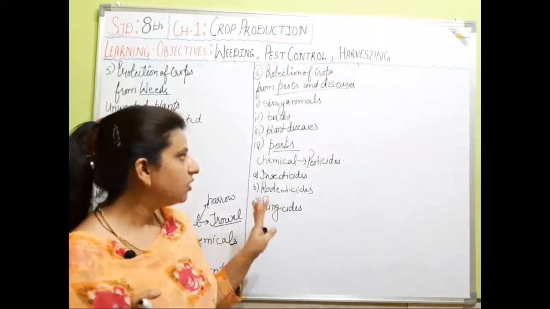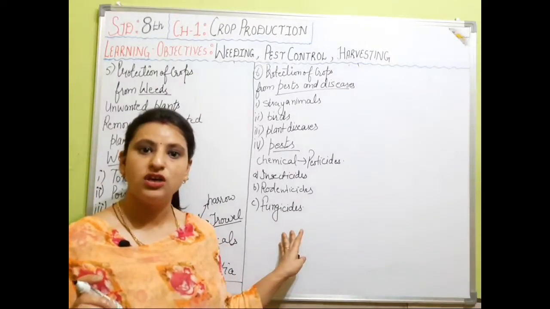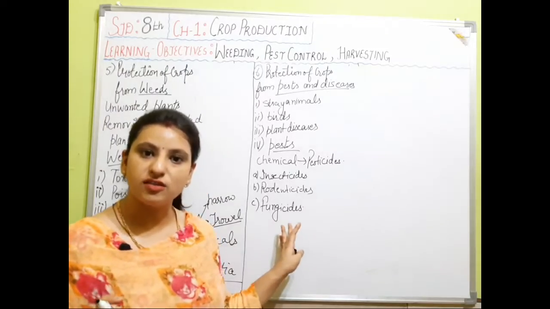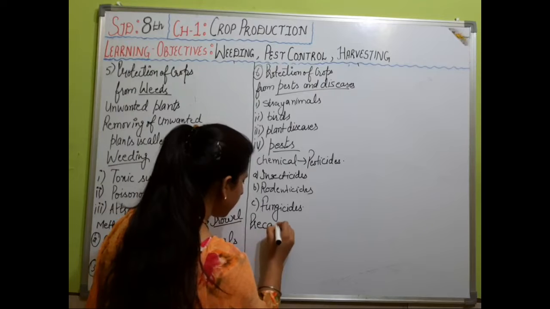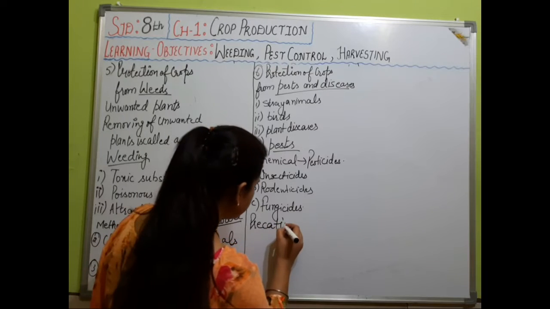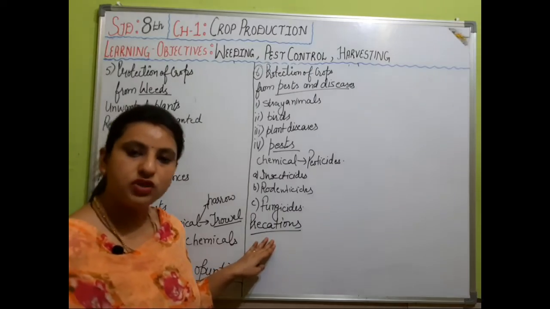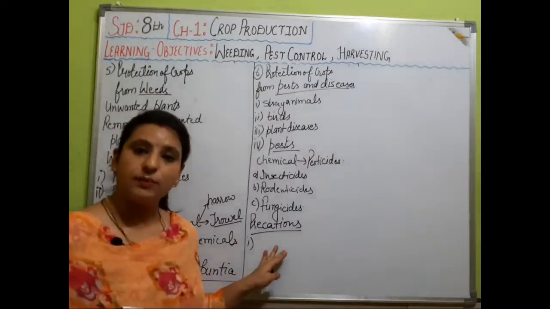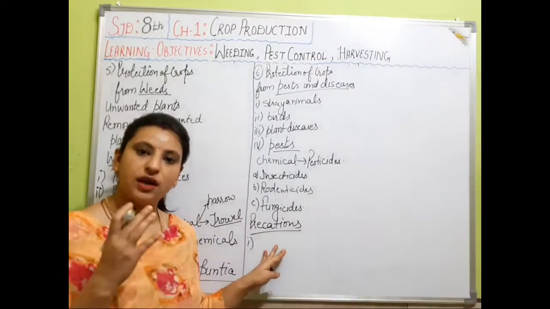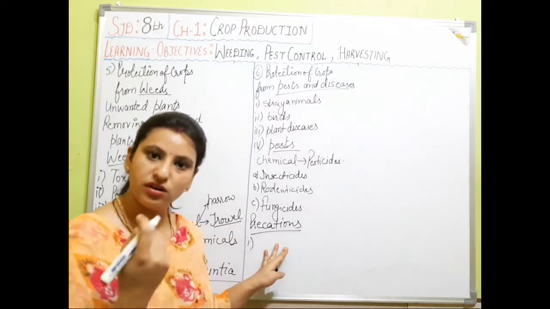Okay. And what are the precautions which we have to consider while using these pesticides? Let's check those precautions. The first precaution: while spraying the pesticide over the crop, the appropriate dose is decided, not more and not less.